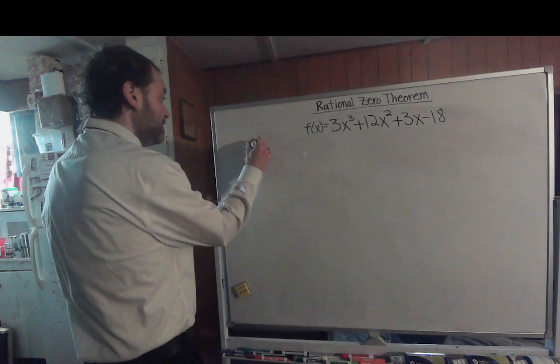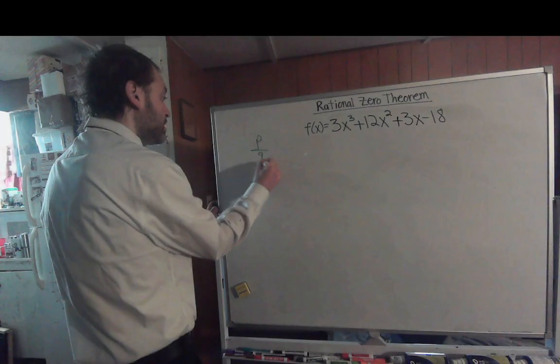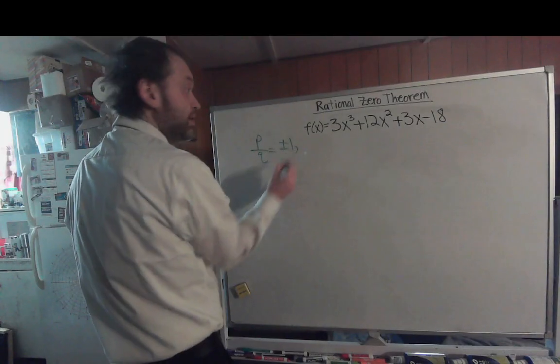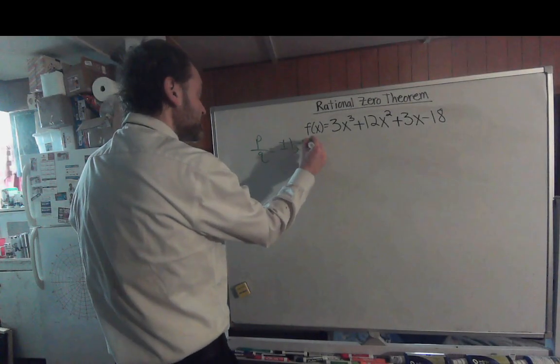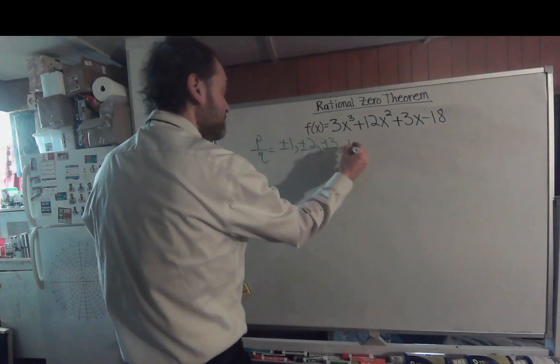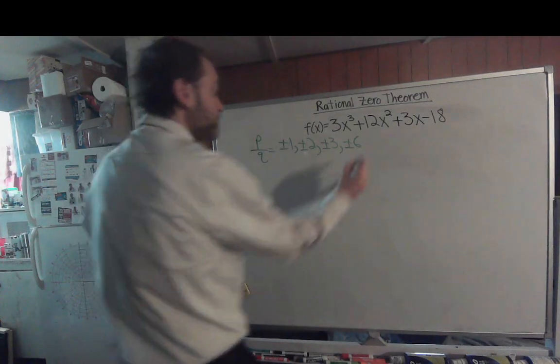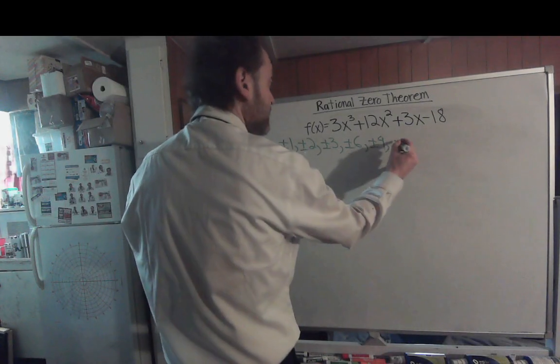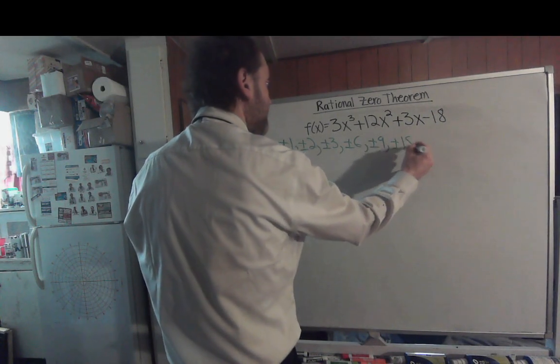So take p over q. Factors of 18 are plus and minus 1, plus and minus 2, plus and minus 3, plus and minus 6, plus and minus 9, and then plus and minus 18.